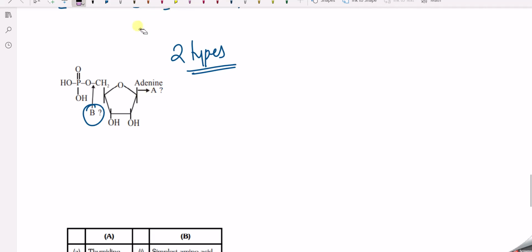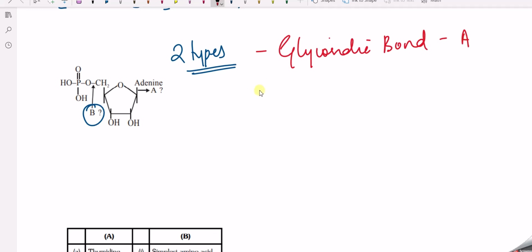It is the glycosidic bond. And what is B? Here you have the 5th carbon, and it is the ester bond. B is an ester bond.